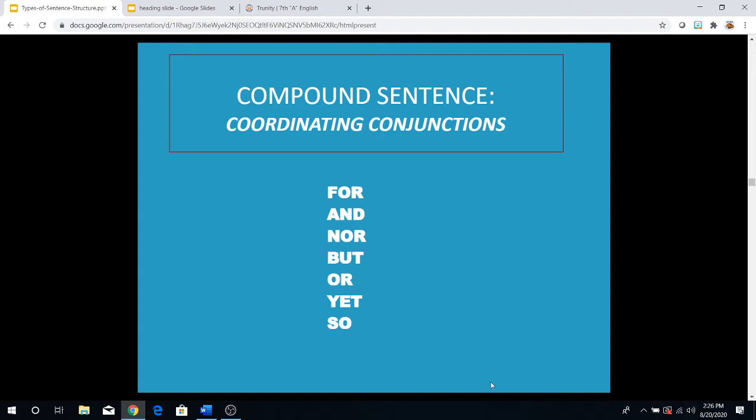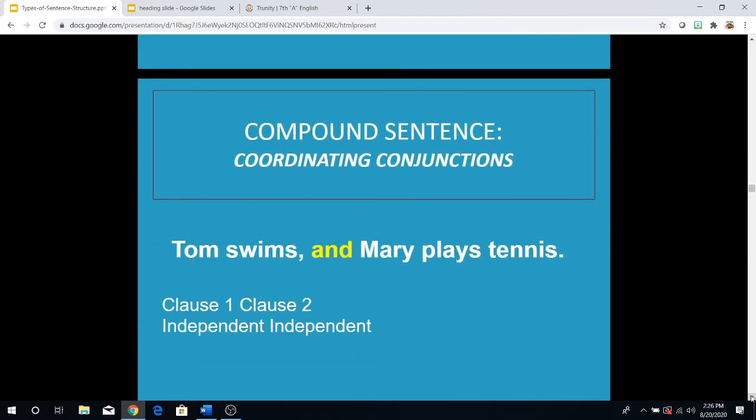A simple way to remember this is taking the first letter of each one of your conjunctions and turning it into a word or phrase. In this case, if you take the F, A, N, B, O, Y, and S, you get the term fanboys, which is an easier way for you to remember your coordinating conjunctions.